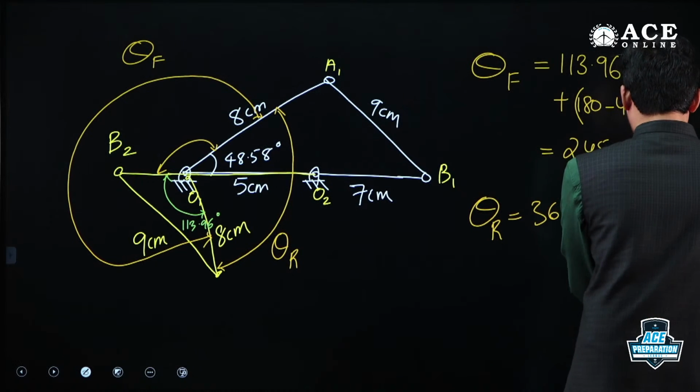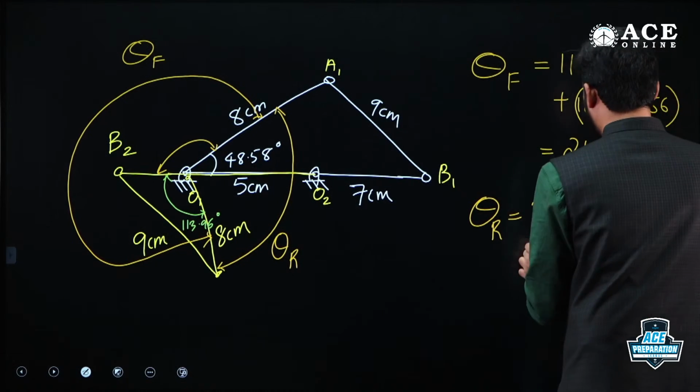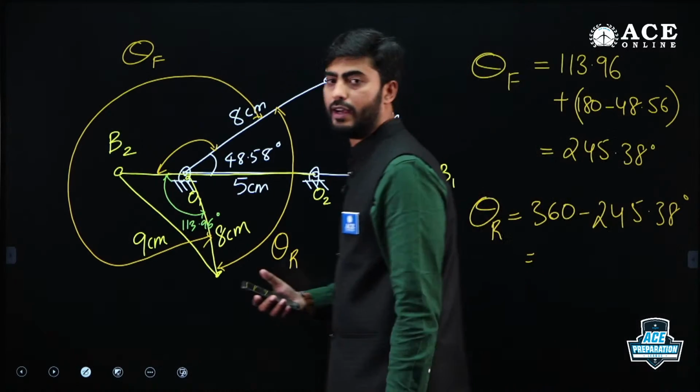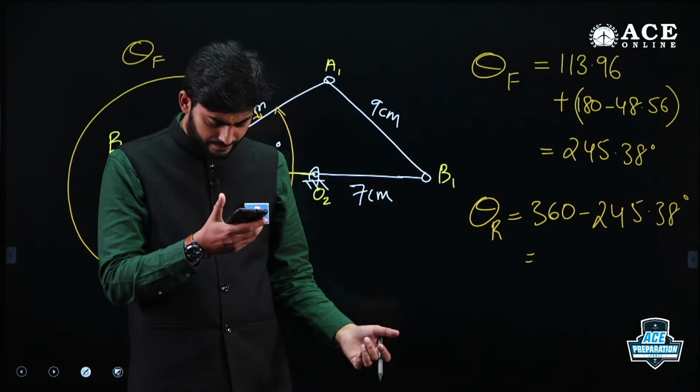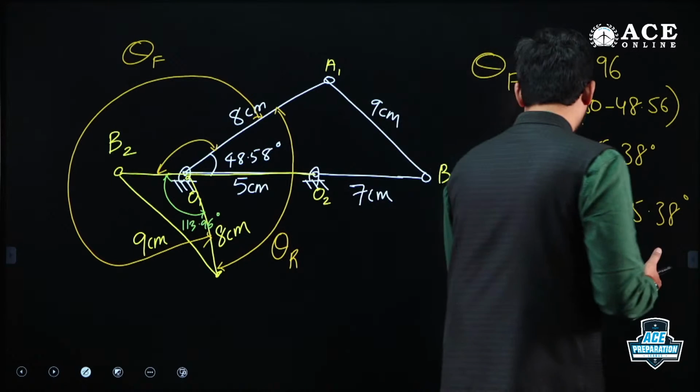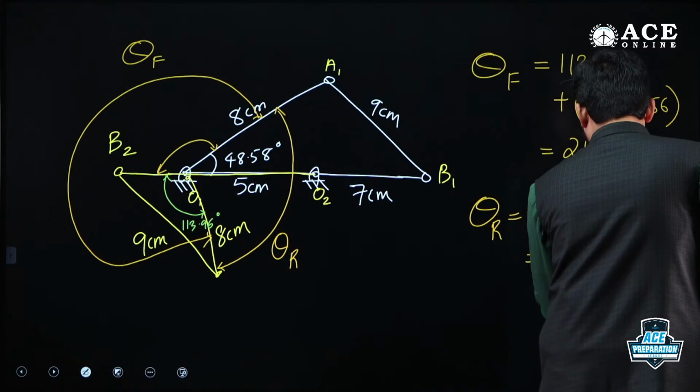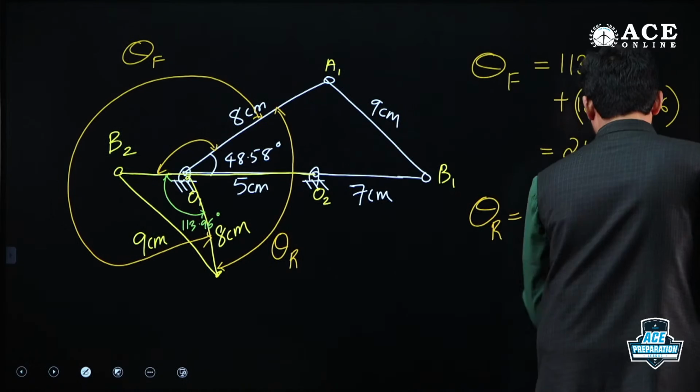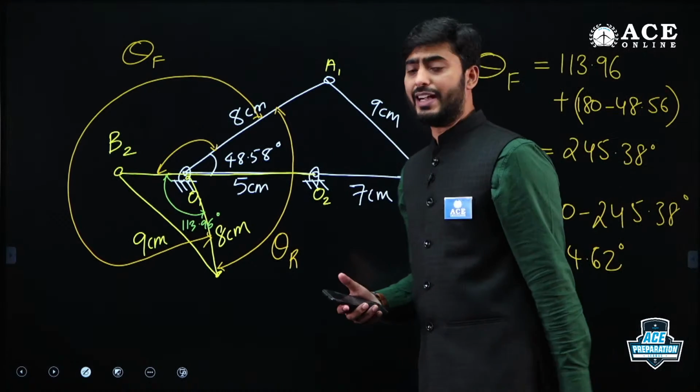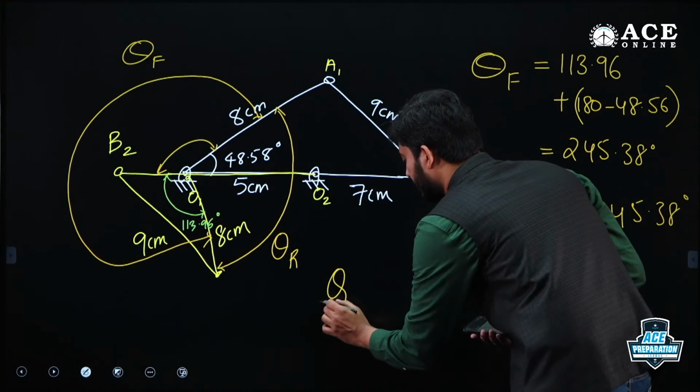Similarly, guys, theta R can be known very easily, that is 360 minus the value, that is 245.38, right? What will be this value? Close to 100, 120 or 115, guys? Yes, 114.62. Right? So now you can get what is the QRR for this.